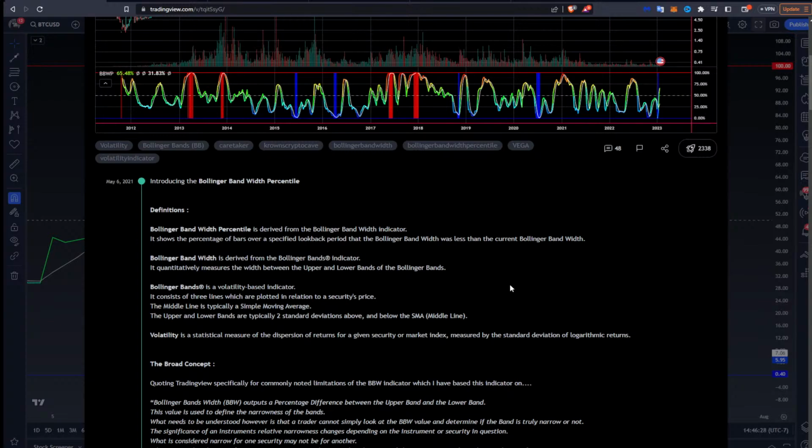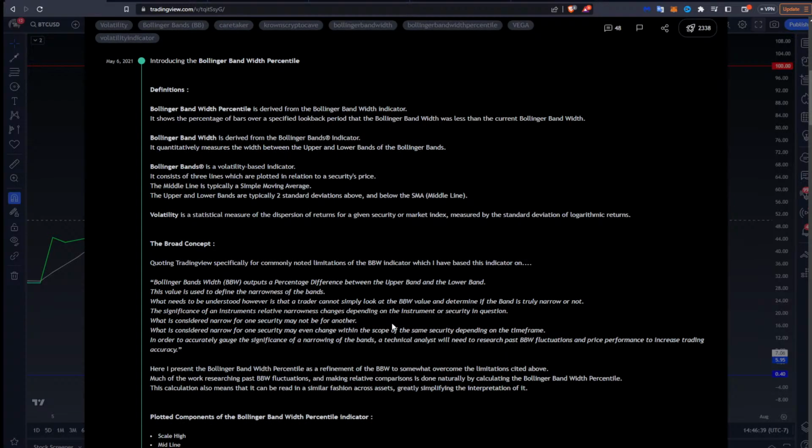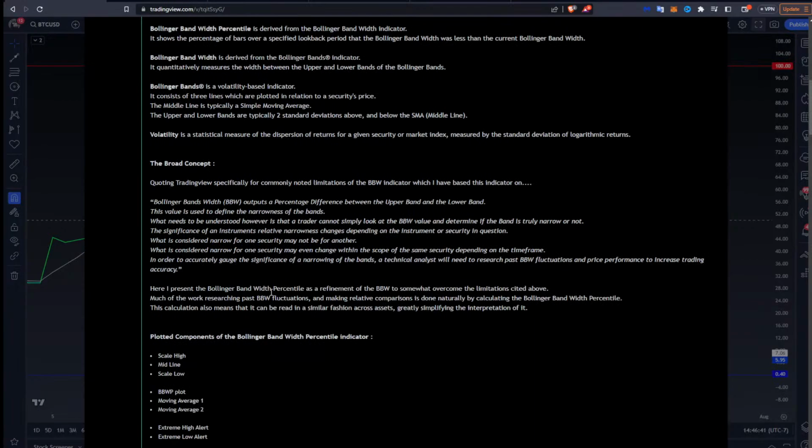So look for reversals, look for mean reversion plays, look for, if you want to take counter trend trades, that kind of stuff. But here I present the Bollinger Band width percentile as a refinement of the BBWP to somewhat overcome the limitations cited above, which he kind of goes through in this broad concept paragraph.